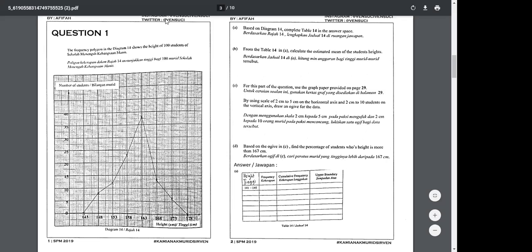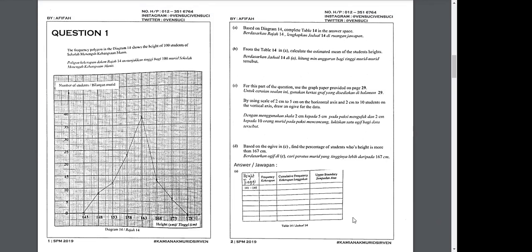As you can see, usually there are four sub questions, A, B, C, D. Usually the first question is asking you to fill in the table. The second question is usually asking you to calculate the estimated mean. The third question is usually drawing the graph. The fourth question is usually calculating a percentage or the number of people, the frequency. Okay, so first we're going to learn this question first.